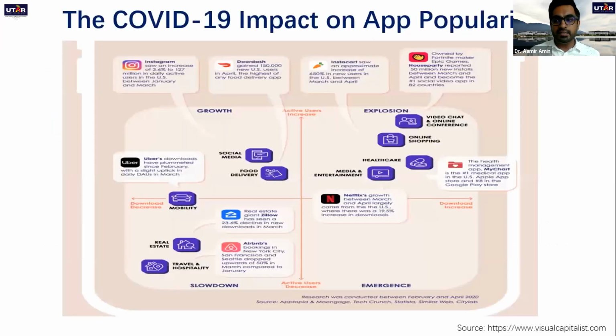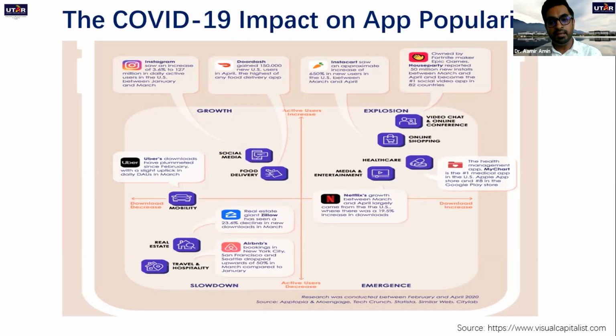Now, if you can see this slide clearly, a lot of companies have grown explosively in this COVID-19 time, or some companies have just significantly improved. There have been companies which have slowed down, or which have been worst affected. But if you see explosiveness, we can see that in video chat and online conferencing, for example Zoom, in which we are talking at the moment.